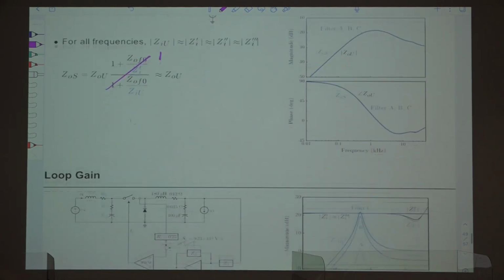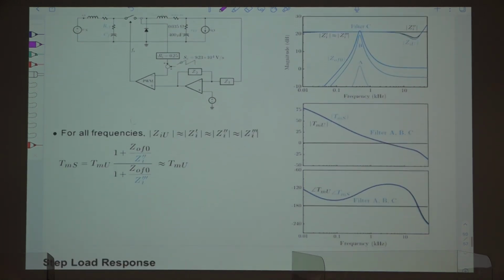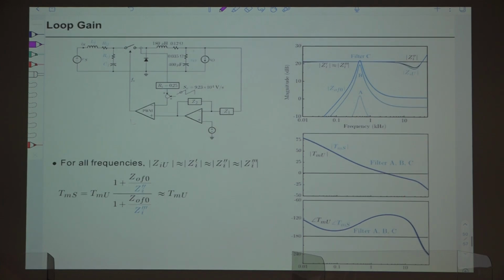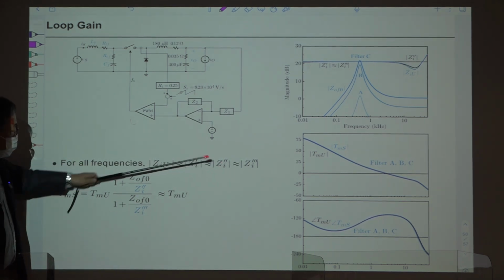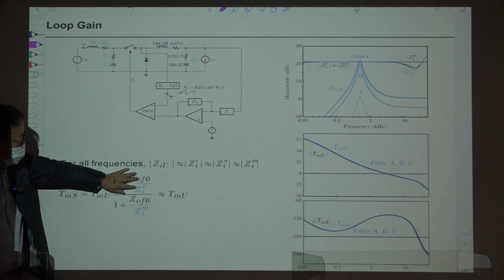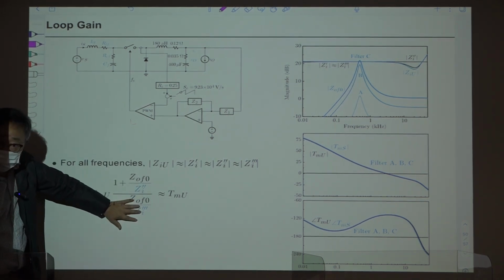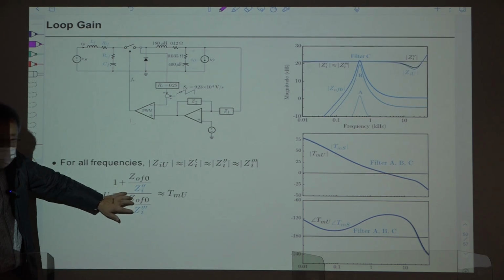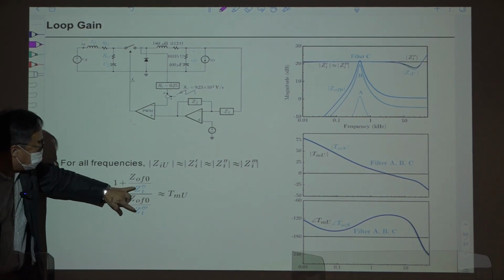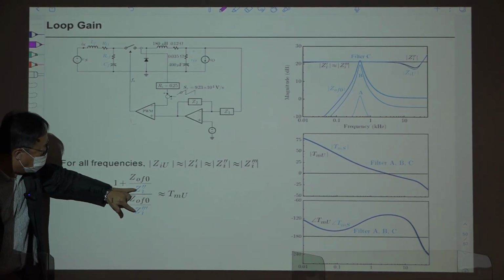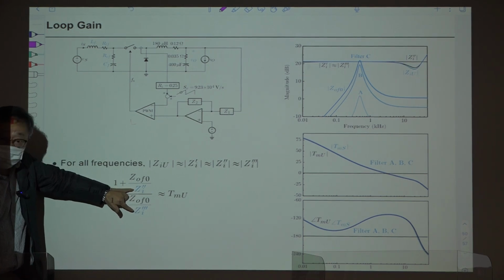For the case of loop gain analysis, this is the loop gain of the converter. The expression is this. This is the exact expression applicable for any case. But we have this condition, then this numerator is practically the same as the denominator, regardless of any strange behavior in GI prime, GI double prime, and GI triple prime.